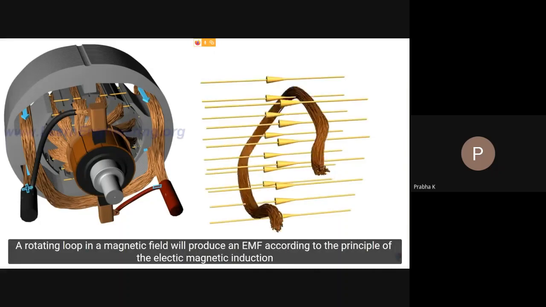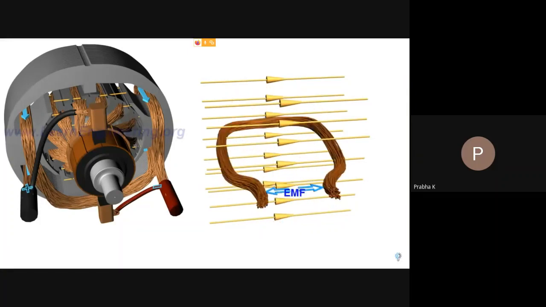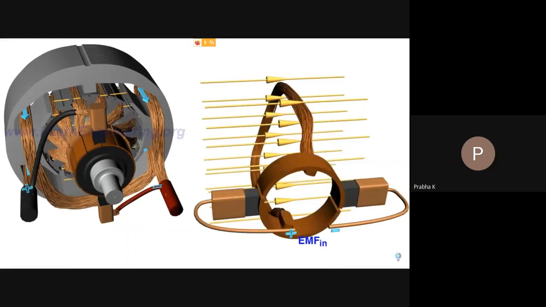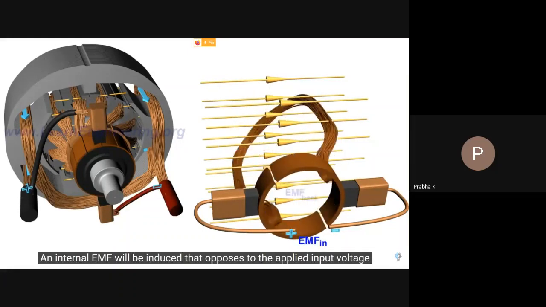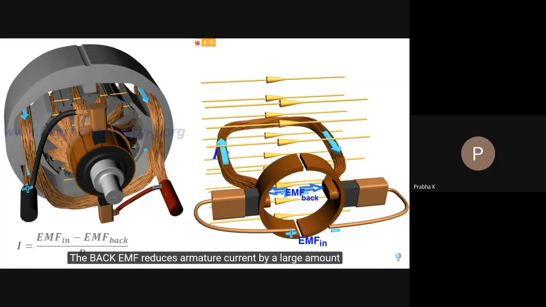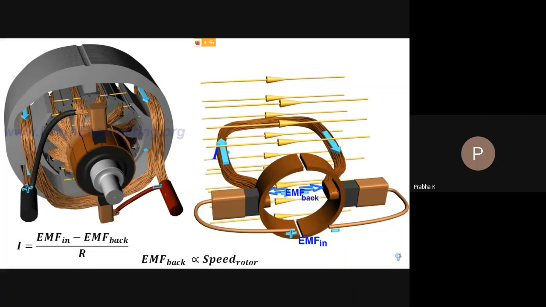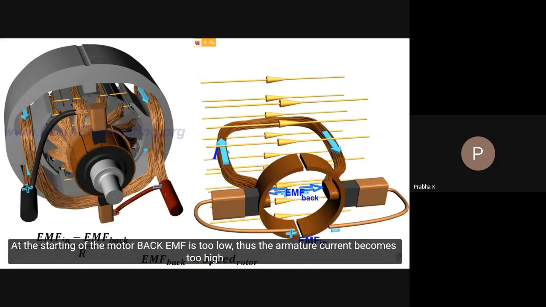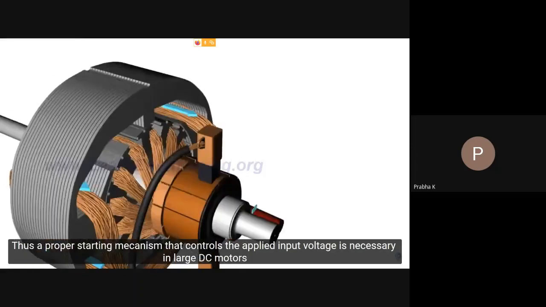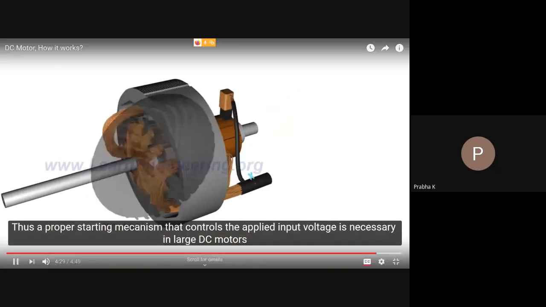A rotating loop in magnetic field will produce an EMF according to the principle of electromagnetic induction. The case of rotating armature loops is also the same. An internal EMF will be induced that opposes the applied input voltage. The back EMF reduces armature current by a large amount. Back EMF is proportional to the speed of the rotor. At the starting of the motor, back EMF is too low, thus the armature current becomes too high, leading to the burnout of the rotor. Thus, a proper starting mechanism that controls the applied input voltage is necessary in large DC motors.